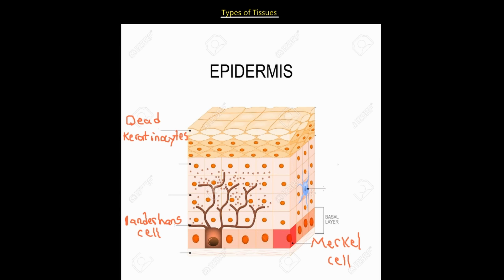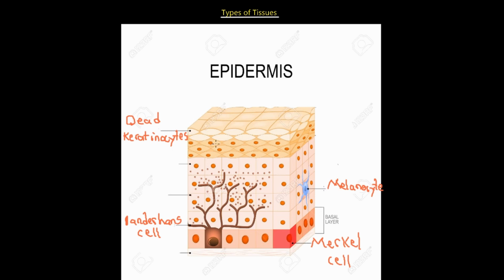And this last one here on the side is going to be a melanocyte. Now again, these labels are going to change based on the diagram that you look at, but the most important thing is knowing the type of cells that exist, exactly where they exist. So the Merkel cells exist on the basal layer, which is the layer just underneath the epidermis.